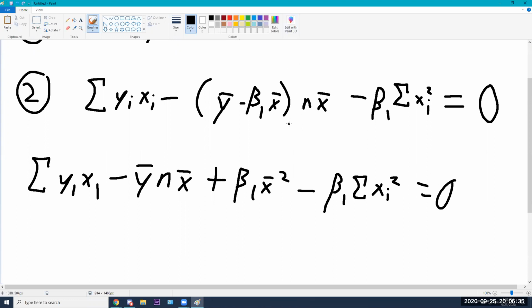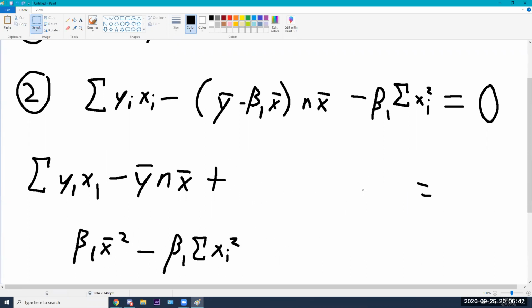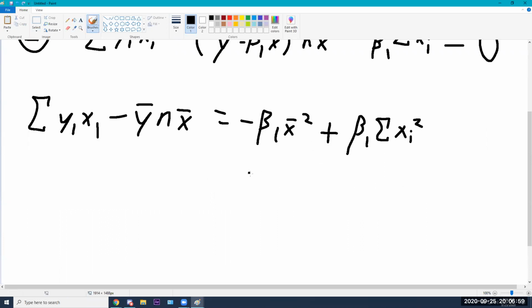Now I'm going to move all the beta 1 terms to the right side. Since we moved it over, we need to negate it, right? And now we just put it in parentheses. So now we have beta 1 of, we'll put this one in first just to make it easier to write, the sum of xi squared minus n x bar squared.